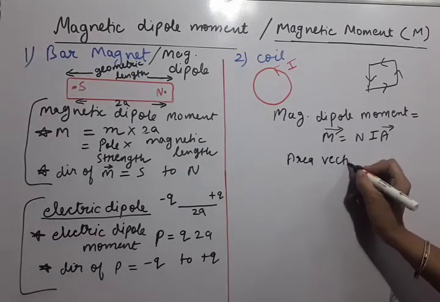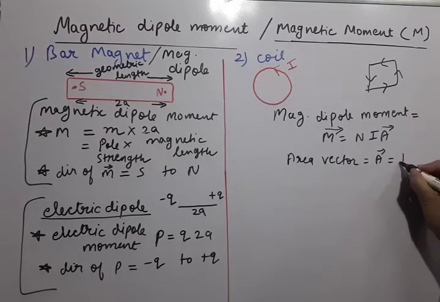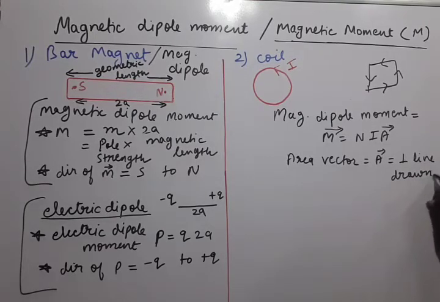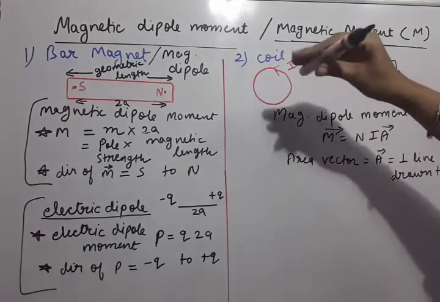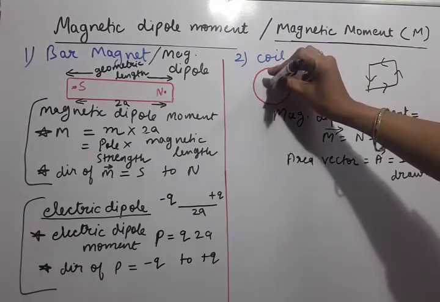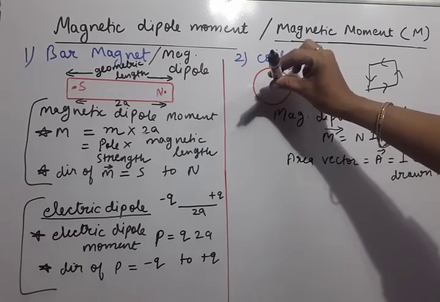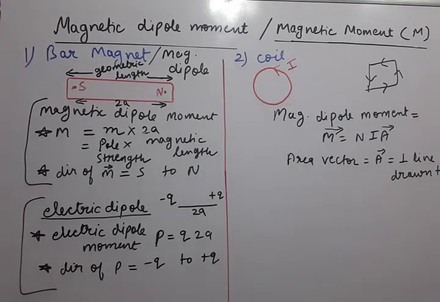Okay, so this area vector, or A vector, is actually the perpendicular line drawn to the area. Suppose this is the plane of the coil. So the perpendicular vector to this coil will be called the area vector. Now, how to find this area vector direction?